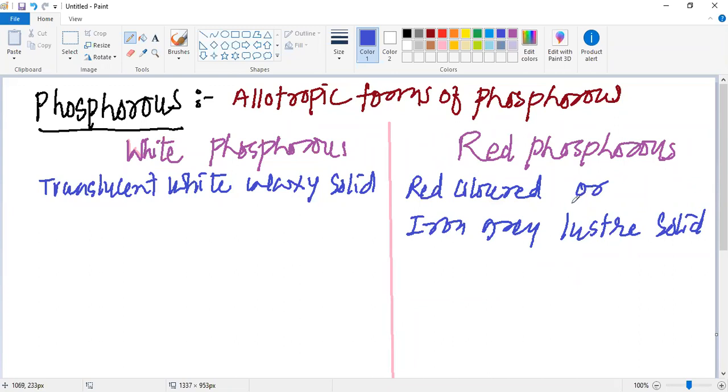So both are solid and both have a color, or we can say white is not a color. So white phosphorus is a translucent waxy solid, whereas red phosphorus has got red color. That is what we can realize.